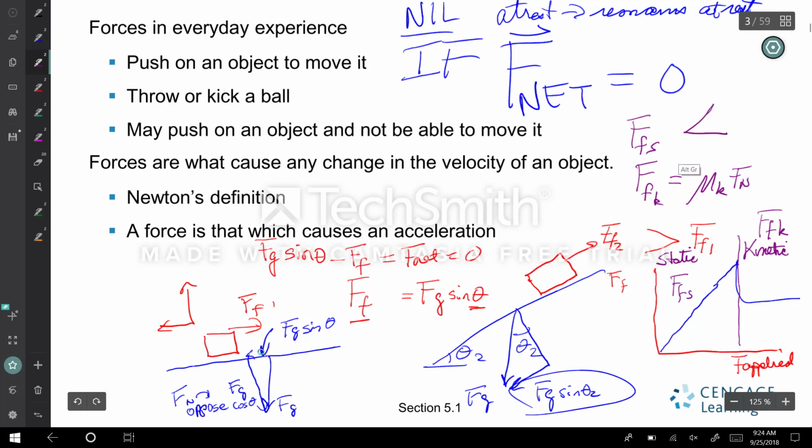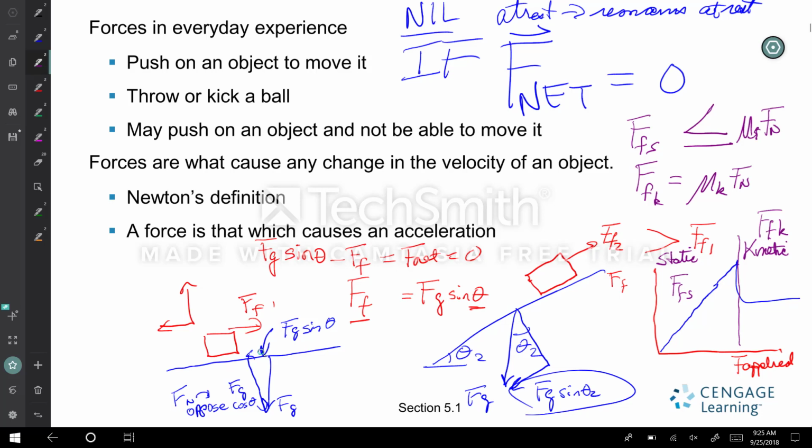This is less than or equal to mu sub S, F sub N. You see the less than or equal to? It's as big as it needs to be to keep the surfaces at rest. No bigger, no smaller. Up to that limit of the equality. Do you see the little line underneath the arrow to the left? Less than or equal to.